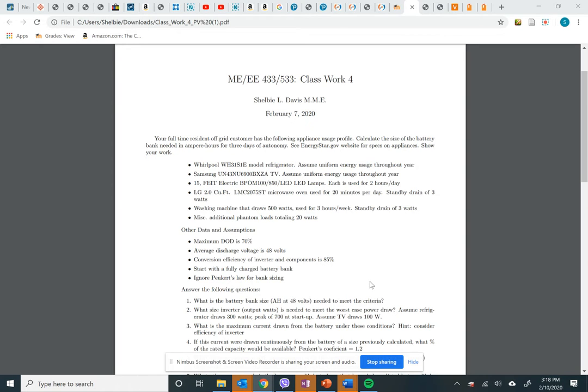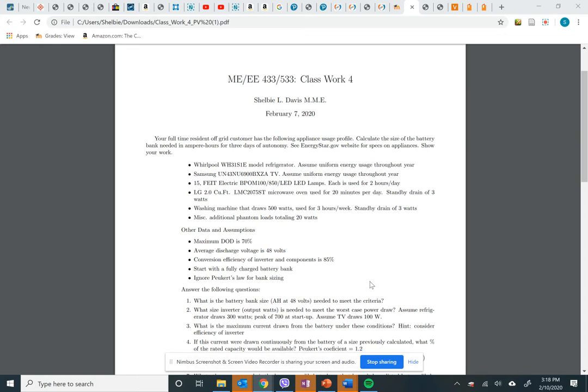Okay, so depth of discharge means that if you start with 100 amp hours, and you discharge down to, let's say, 30 amp hours, you have 30 amp hours left. You have discharged 70 amp hours. Depth of discharge is the 70 amp hours, so it's how much you've removed from your battery bank.